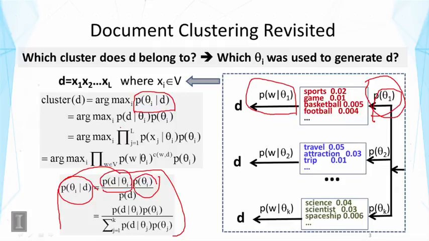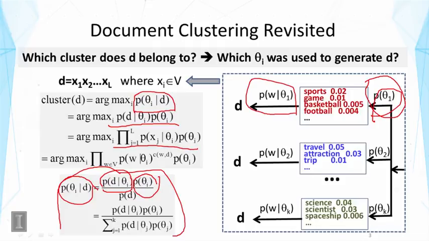So to find the topic that has the highest posterior probability here, it's equivalent to maximize this product, as we have seen also multiple times in this course. And we can then change the probability of the document into a product of the probability of each word, and that's just because we've made the assumption about independence in generating each word.